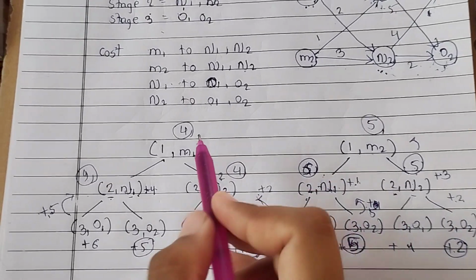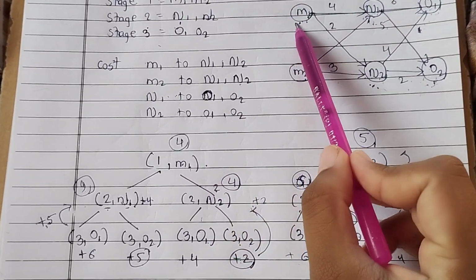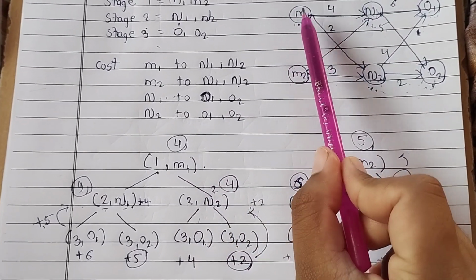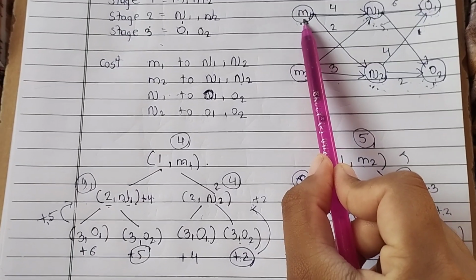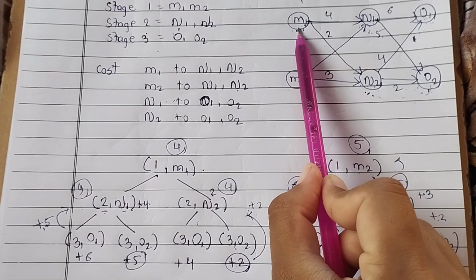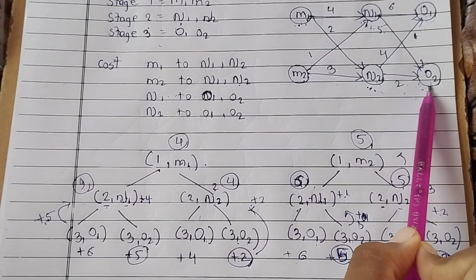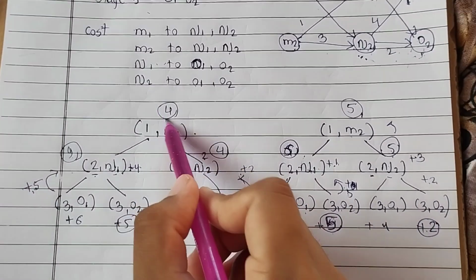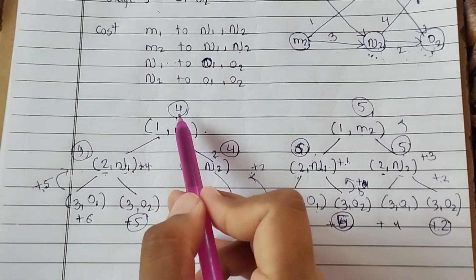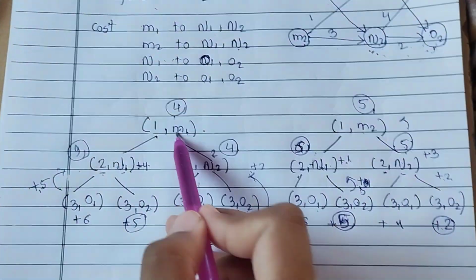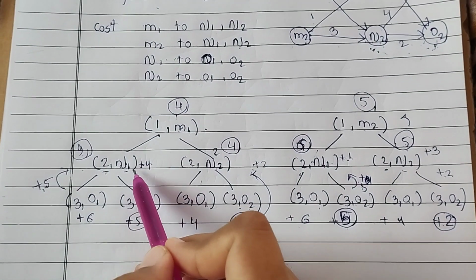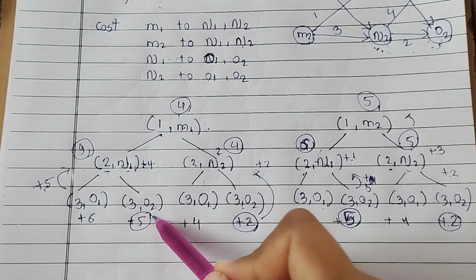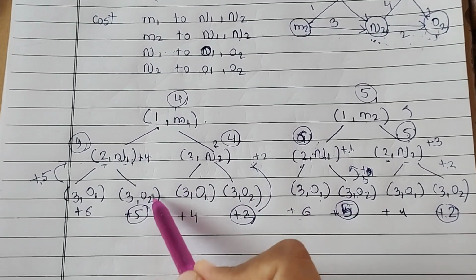So we get here from this M1 stage 1, and we start from this M1. If we start here, then we get minimum cost 4 to reach stage number 3, and we choose the path M1 to N1, then N1 to O2, because this 5 is transferred from this O2.